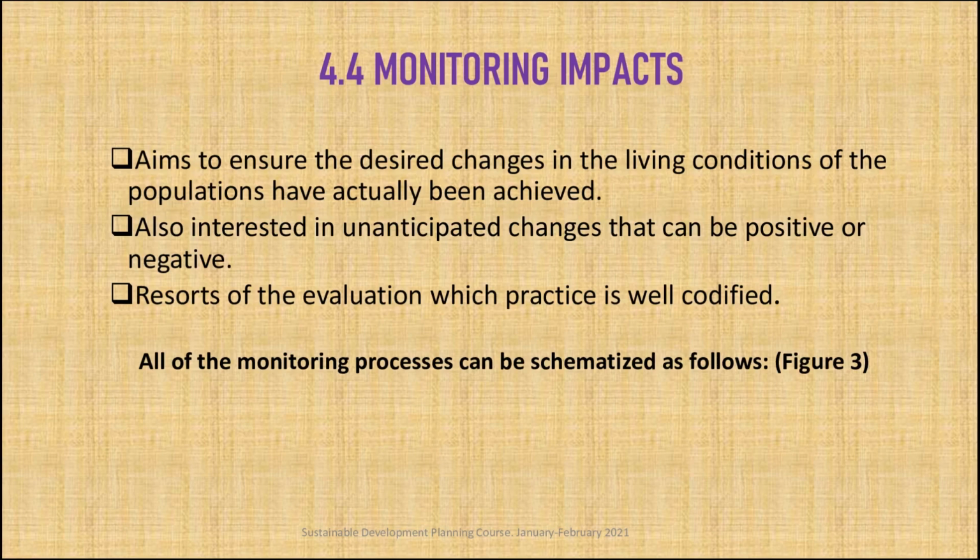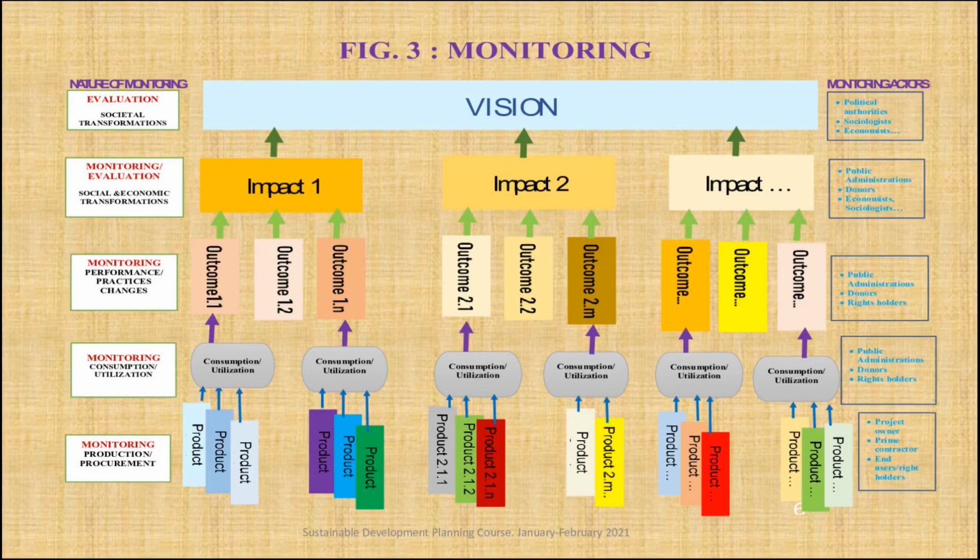All the monitoring process can be schematized as follows. On this figure, you have on your left the nature of the monitoring, the type of monitoring, and at your extreme right you have the monitoring actors and why they are interested in monitoring.